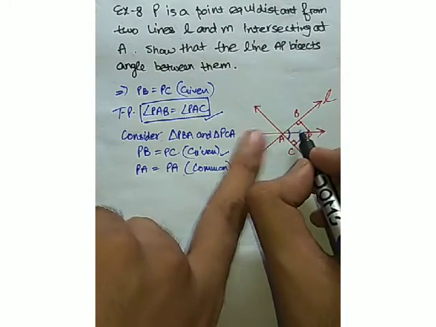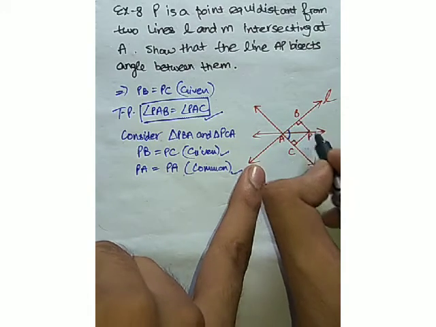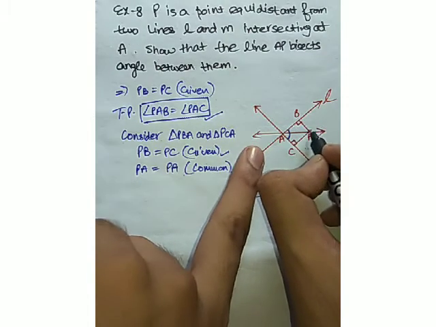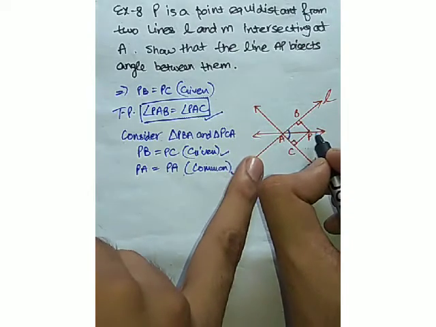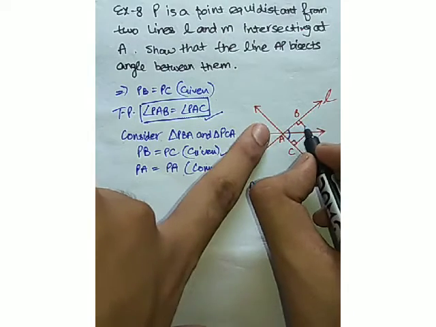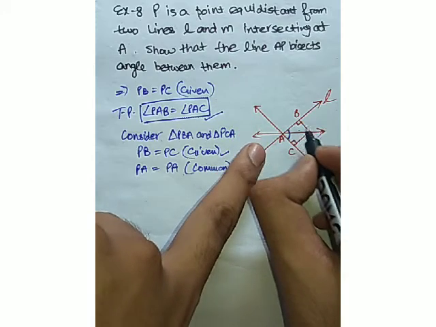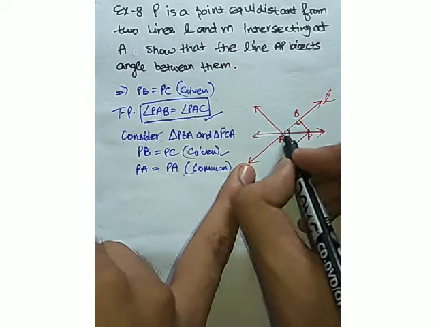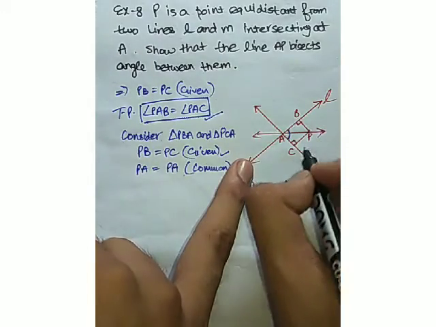So this was the hypotenuse, of course, that is PB is equal to PC, and this is our perpendicular. You can say that in front of the 90-degree angle, that is our hypotenuse. PA is equal to PA, it's common, and the other side, that is PB is equal to PC.